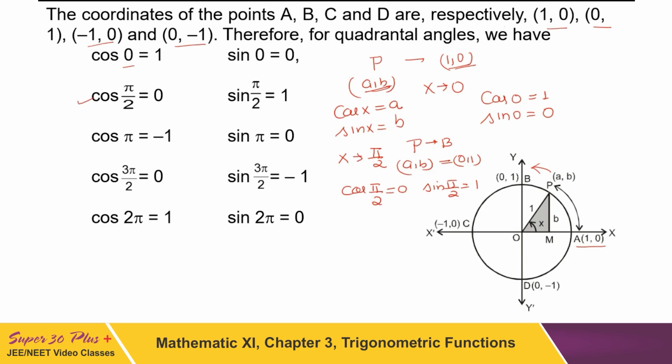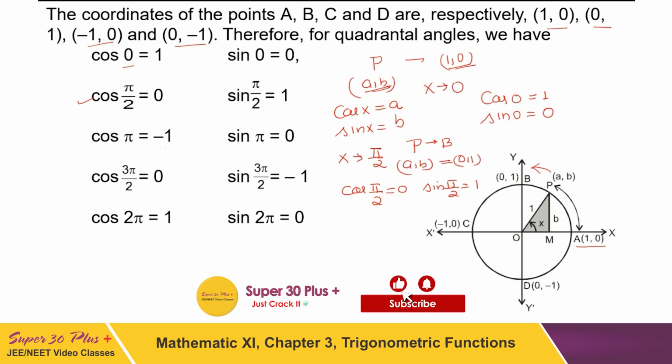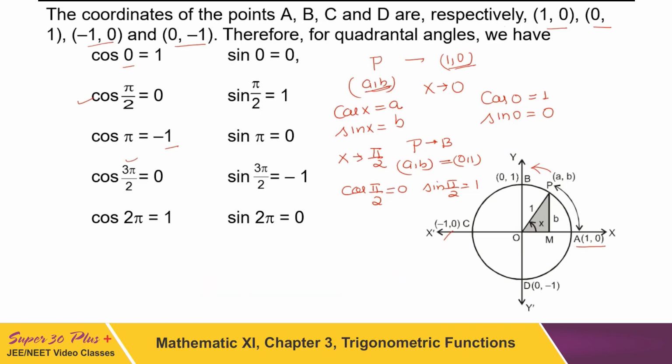Similarly, if the point P is transformed from P to C, then angle will be pi and cos pi is equal to -1 and sin pi is equal to 0. And if angle is 3 pi by 2, then point is (0, -1), cos 3 pi by 2 is 0 and sin 3 pi by 2 is -1. If angle is 2 pi, then point will be (1, 0). For that, cos of 2 pi is 1 and sin of 2 pi is 0.